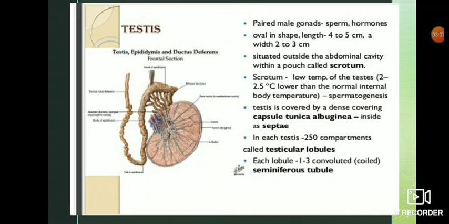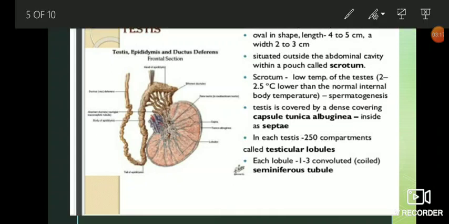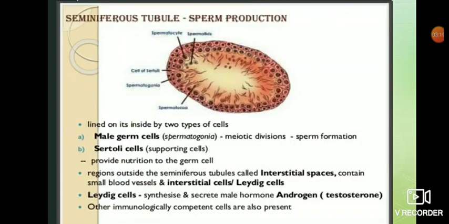Each testis has about 250 compartments, and these compartments are known as testicular lobules. Each lobule contains 1 to 3 highly coiled seminiferous tubules in which sperms are produced.